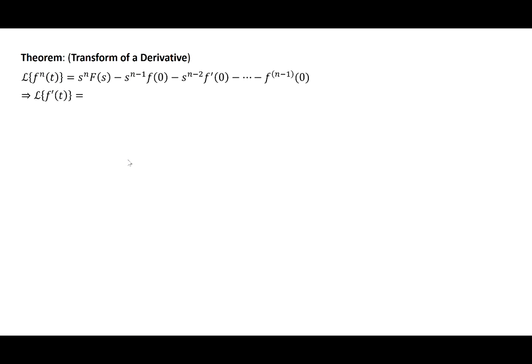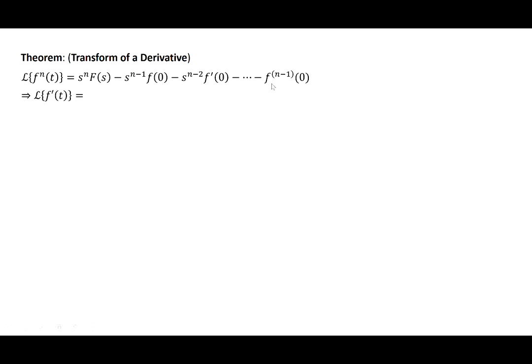What is n here in our case? 1. Yep, you're right. So what should the very first term be? S to the n, s to the 1 times F of s, that is s F of s. As simple as that.